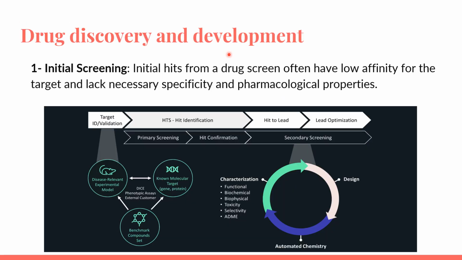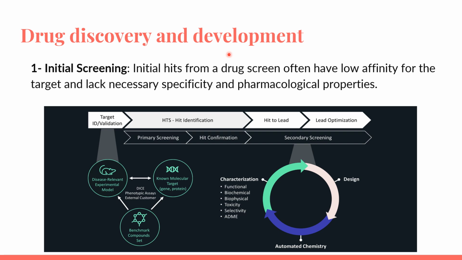So, how is a drug developed? How is it discovered? And where does it come from? The process of drug discovery involves several steps to transform initial hits from a screen into marketable drugs. Here's a summary of how this process works. First, we have the initial screening.